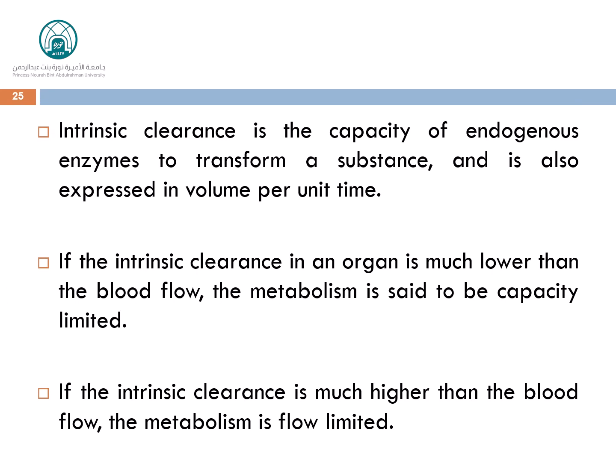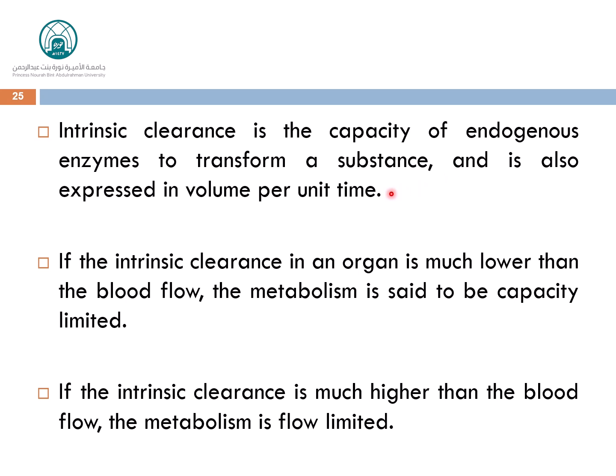The intrinsic clearance is the capacity of endogenous enzymes to transform a substance, and it's expressed in volume per unit time, milliliters per minute, just like the creatinine clearance. So the intrinsic clearance is the capacity of the endogenous enzymes to transform the substance, in milliliters per unit time.